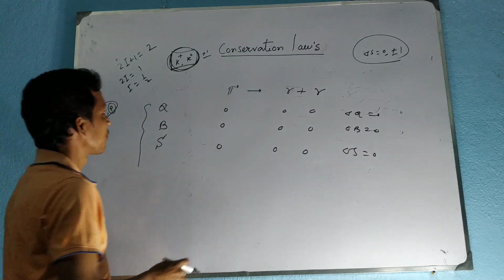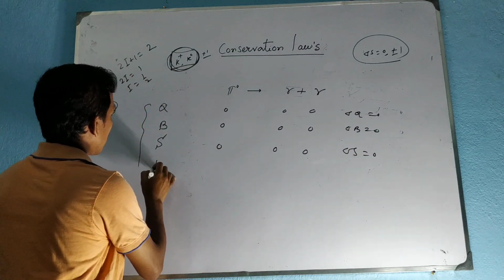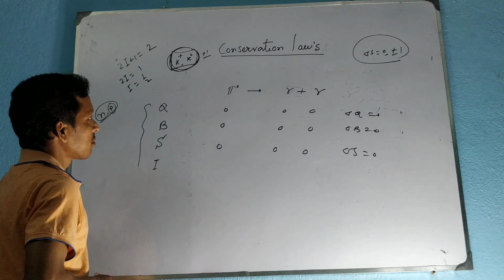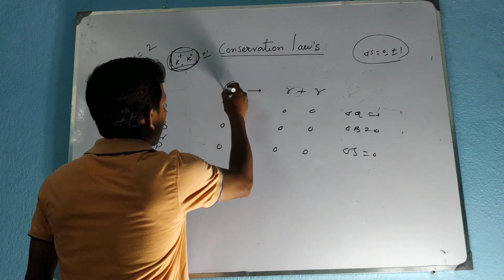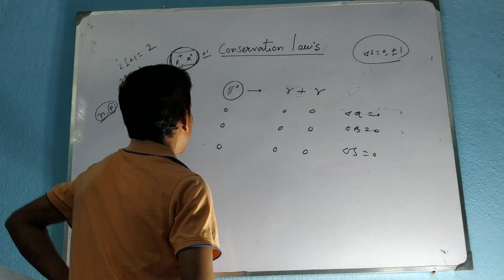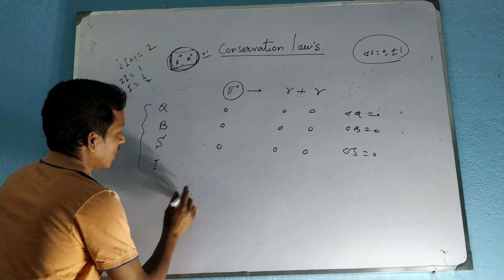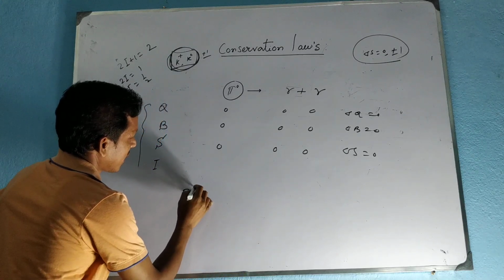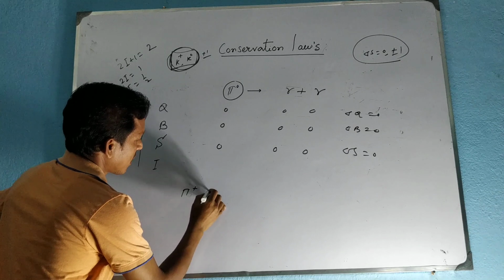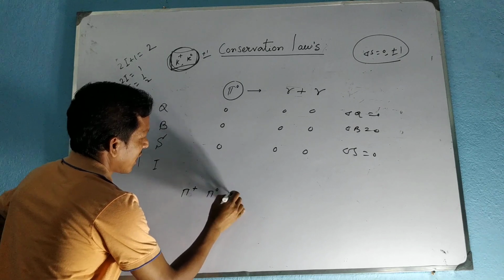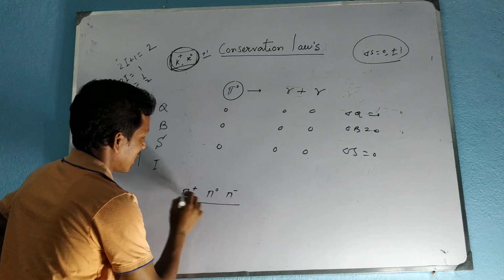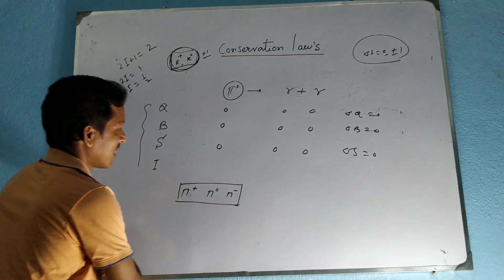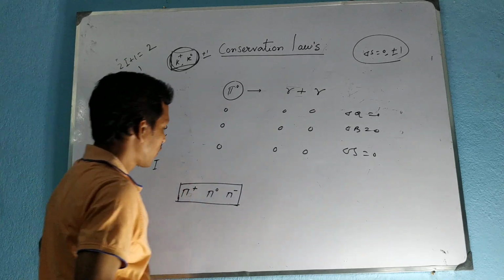Okay. But isospin quantum number, this is the pi meson, and we know pi has 3 states: pi plus, pi 0 and pi minus. There are 3 charge states in the electromagnetic field.